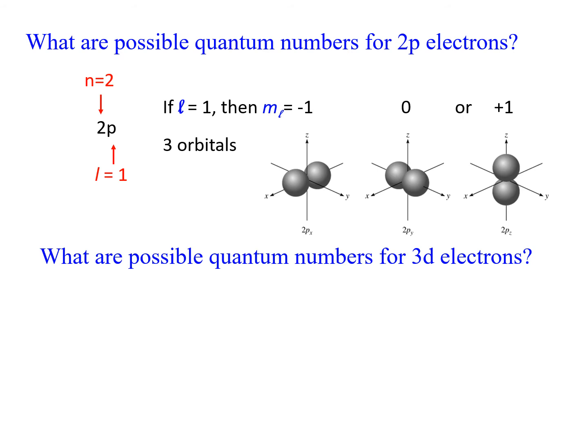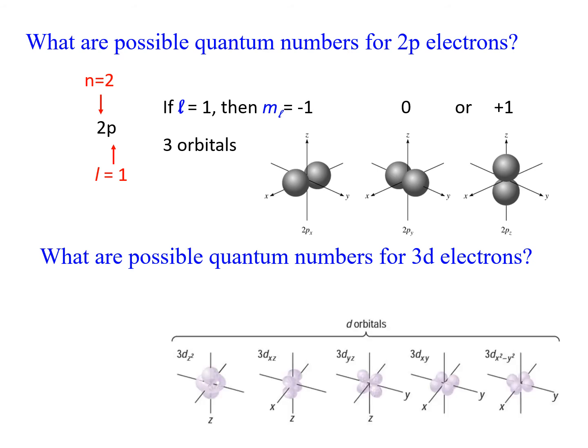Let's ask the same question for the 3d electrons. What are the possible quantum numbers for 3d electrons? Well, there are your 3d electrons: z squared, xy, yz, xz, and x squared minus y squared. It doesn't matter which order you arrange them, just as long as you have all 5 represented.